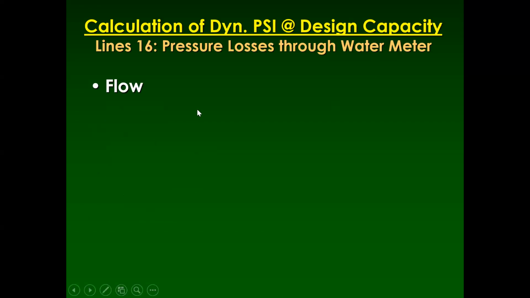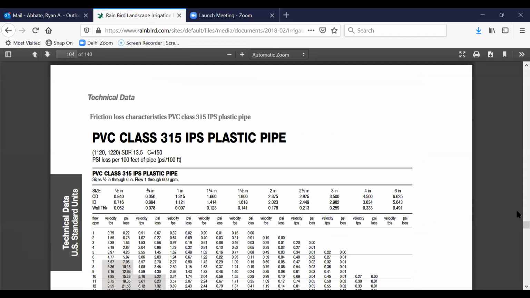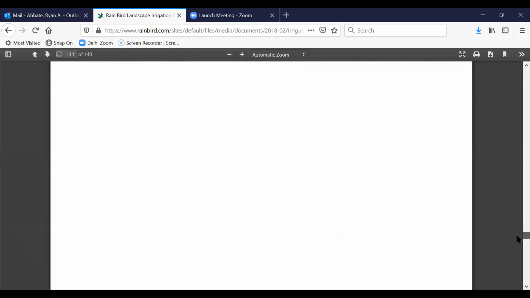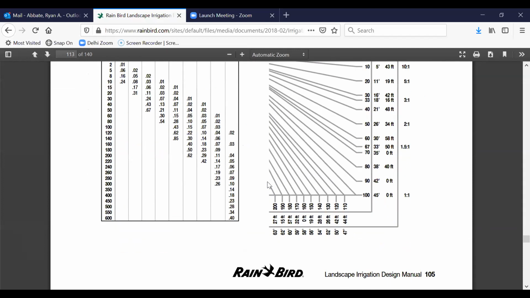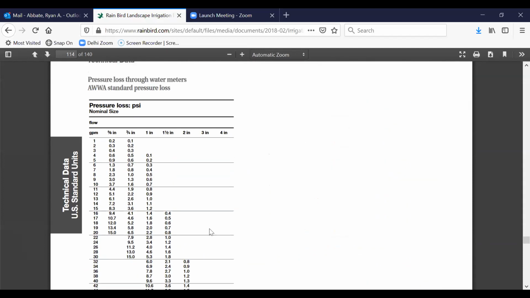And now our water meter. So our flow, same thing, 18 gallons per minute. So we're going to go to our Rainbird charts. We're going to find our water meter. So here's our pressure loss through our water meter. We know it's a 1-inch water meter because we recorded 1 inch. Our flow is 18 gallons per minute because that's our limiting factor.